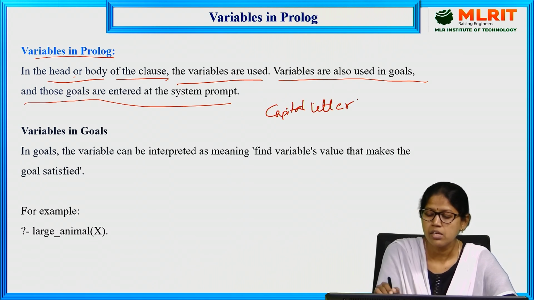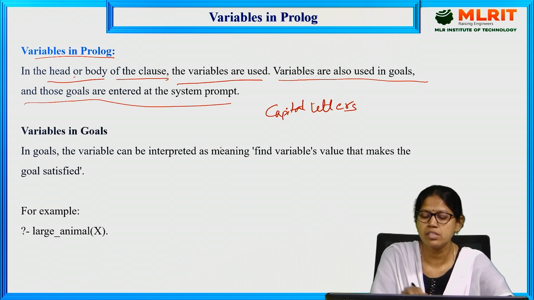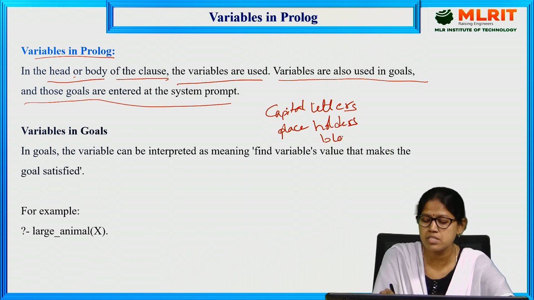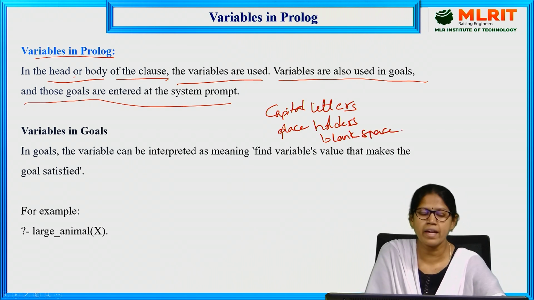Variables are written with capital letters only, and variables are called placeholders, or we can say blank spaces.